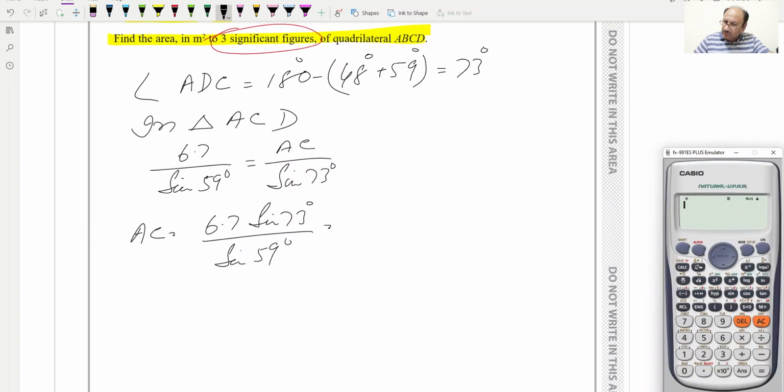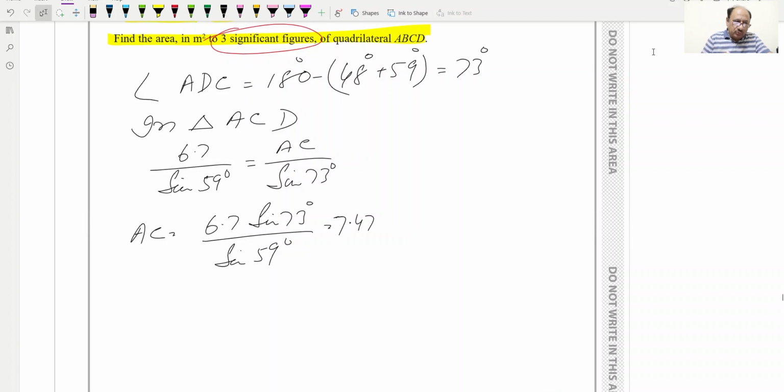Your calculator should be in degree mode, so it will be sine of 73 divided by sine of 59, and this is equal to 7.47.